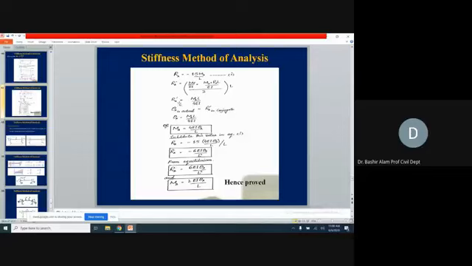So RA prime is equal to theta A. We replace RA prime by theta A, and it is equal to MA L divided by 4EI. Rearranging, MA is equal to 4EI theta A divided by L.